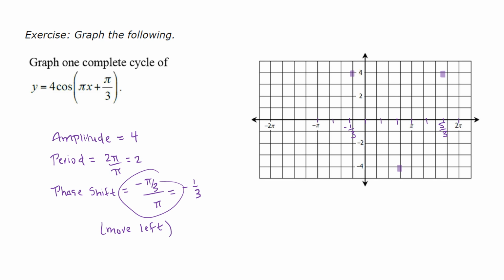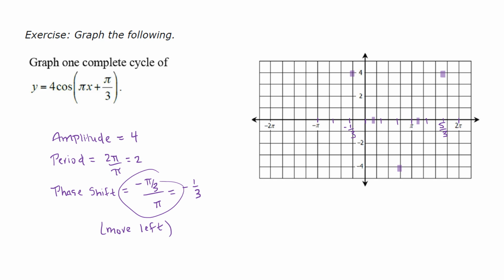So the halfway mark, which will be here, is going to be 0. And then the halfway mark here, between those, will be 0 as well. If you want to do the points in between those, you can as well.